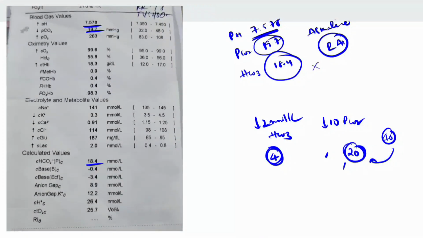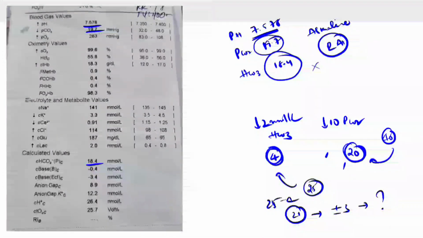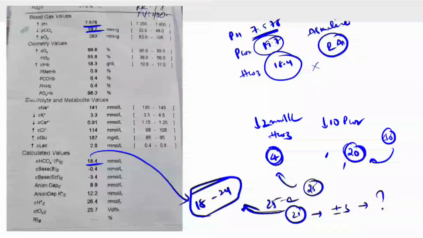The normal value of HCO3 is 25, so 25 minus 4 is 21. To this we add plus or minus 3 to get the estimated bicarbonate compensation. So 21 plus or minus 3 gives 18 to 24. The value here is 18.4.